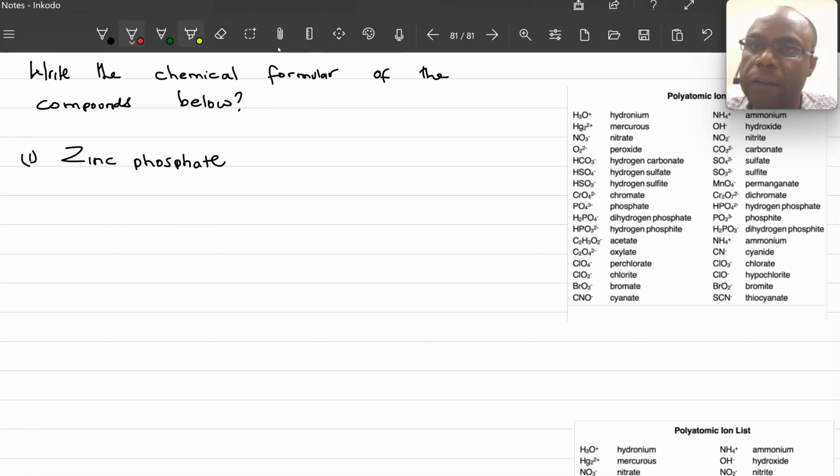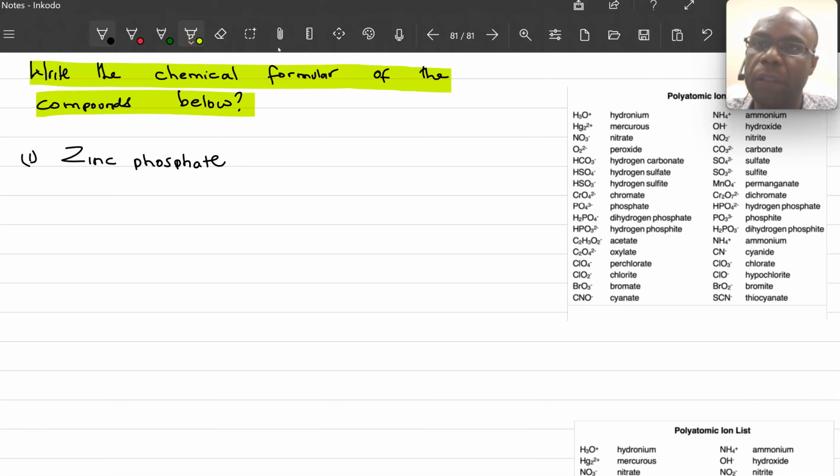Now let us answer a different type of question concerning ionic compounds and their formula. We need to write the chemical formula of the compounds below. So the first one that I wrote here is zinc phosphate. Now, if you're asking me to write the formula of zinc phosphate, again, I'll split this into the metal and the anion.